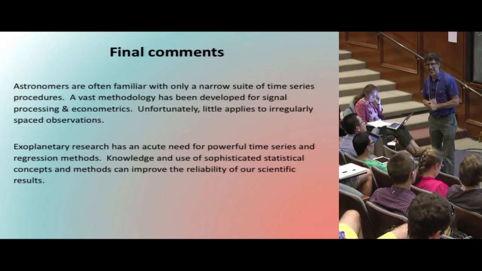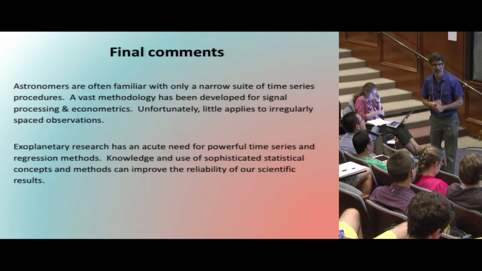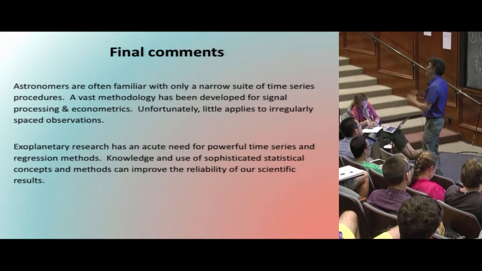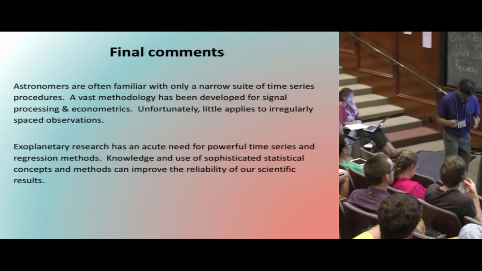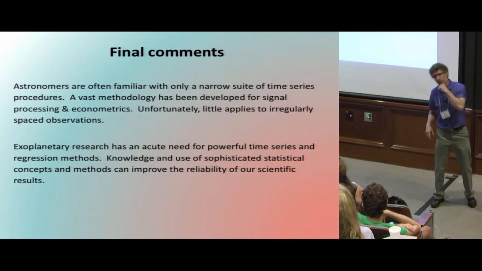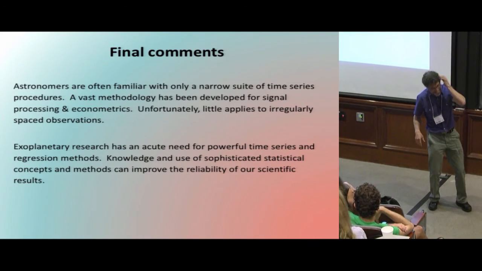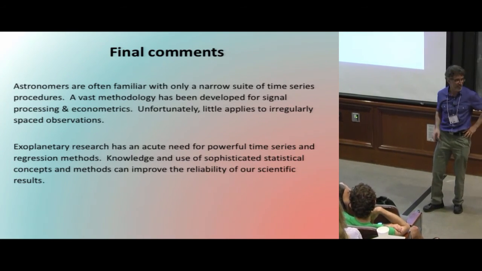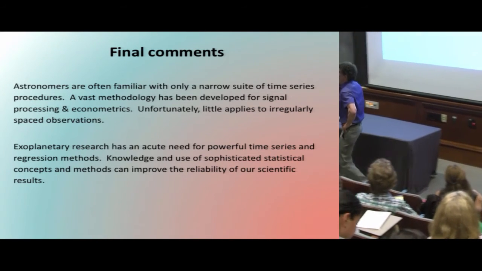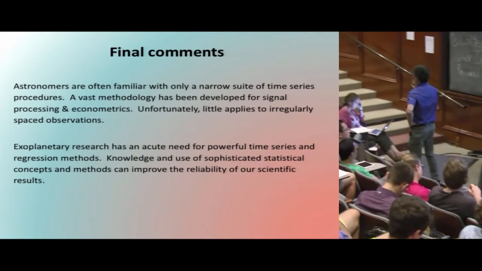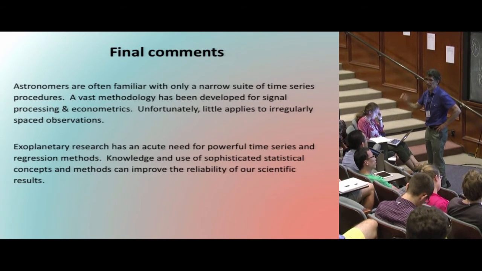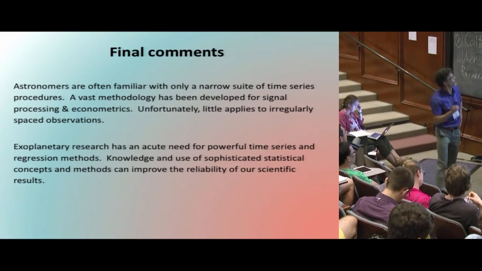The LSST deep drilling fields hopefully will be largely evenly spaced. Those stars will be far away, not that interesting perhaps. But the traditional way of going up to a big telescope and scratching your head and saying, well, I think I want to look at those 5 stars tonight, that leads to very irregular spacing, which makes almost all time series analysis very difficult. So please, evenly spaced data is valuable for time series analysis.